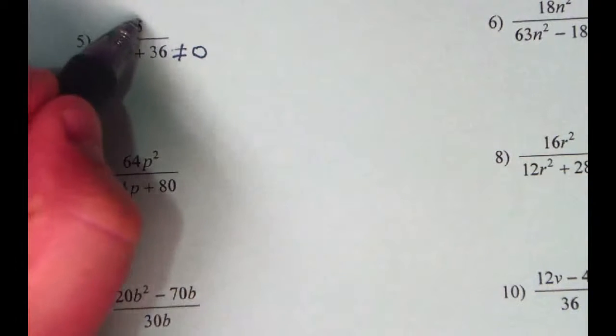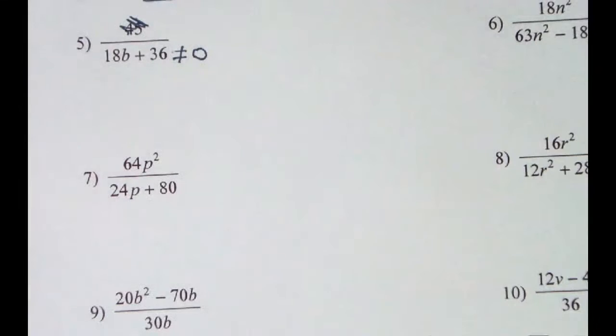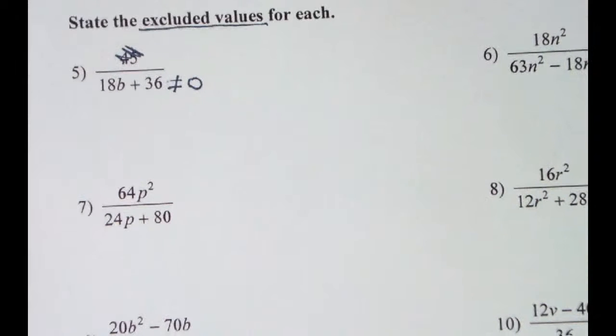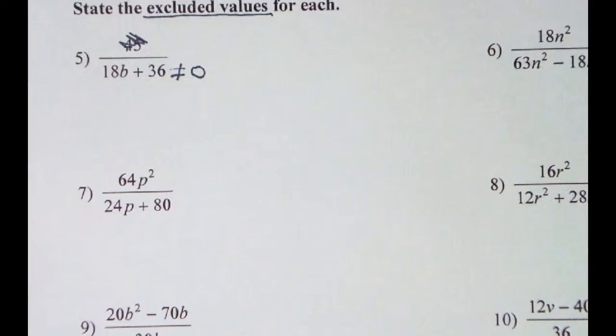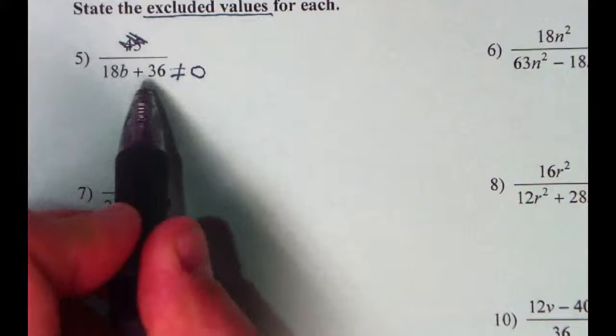Only denominator. Again, read the directions. Note that's the same directions from 1 through 4 on the quiz. So don't look at this and say, what can I cancel? If you read the directions first, you know, oh, this is a lot faster than all that extra work. So that's one thing we do, is set it not equal to 0.